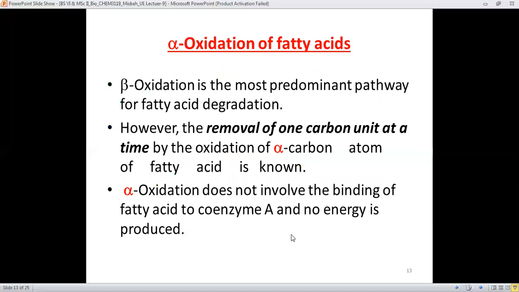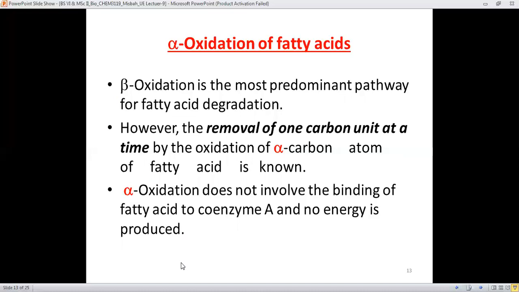Next is the alpha oxidation of fatty acids. If there is a question, is there any alpha oxidation? Then yes, there is alpha oxidation of the fatty acid along with the beta oxidation. But beta oxidation is the most predominant pathway, and alpha is the lesser one. Alpha oxidation is the removal of one carbon unit at a time by the oxidation of the alpha carbon atom of the fatty acid.